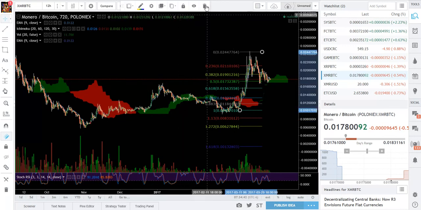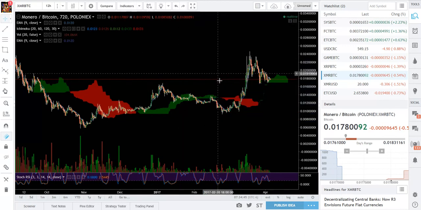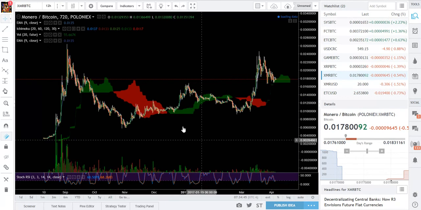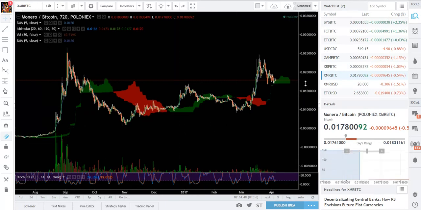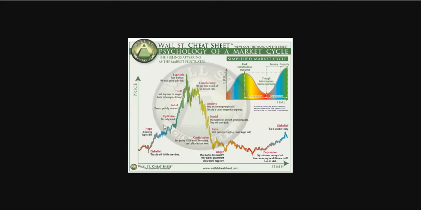So I want to show you here what I think we're actually doing, and how this is going to probably lead into something larger. Because first of all, when we look at the emotional cycle, now this is just general markets. This is not a chart that was made for cryptocurrency. We see disbelief here, and then we see disbelief here. Well, that's because it's a cycle that repeats itself.